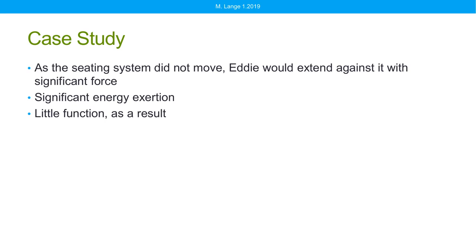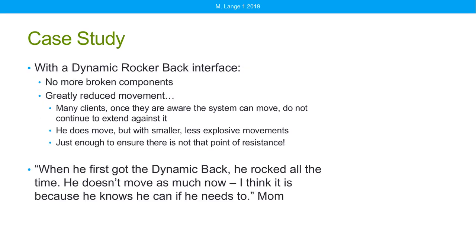So this was taking up a lot of his energy and taking away his functional ability. So he now has a dynamic back. And since he has had this dynamic back for several years now, he has had no more broken components, which is great. And his movement overall has reduced.